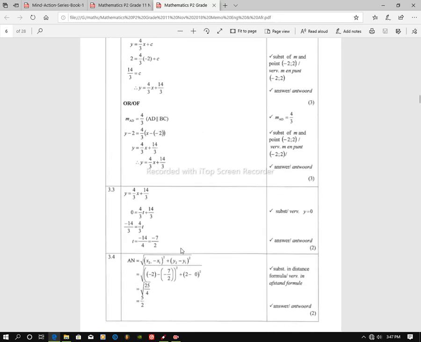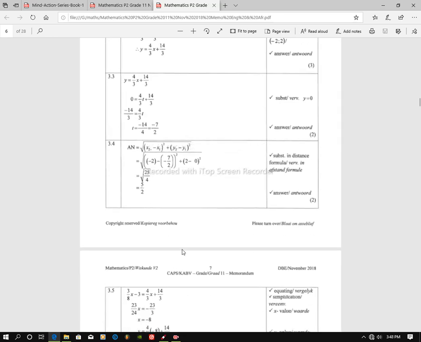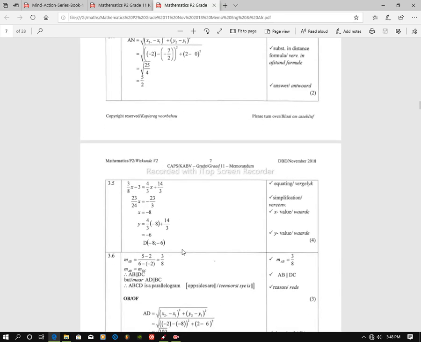And for t, where is t? Let me check here. Yes, t is negative 7 over 2. It is also correct. And a was 5 over 2, also correct. And let's move to d.